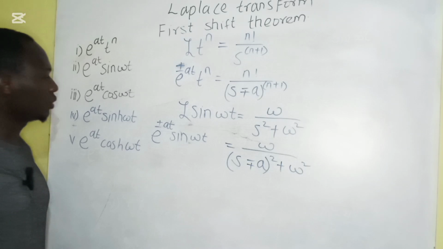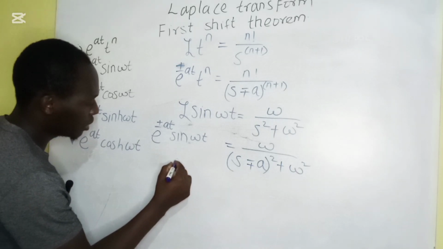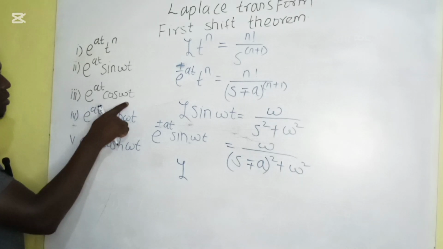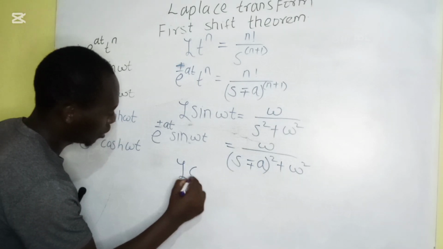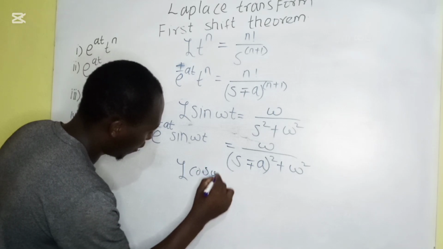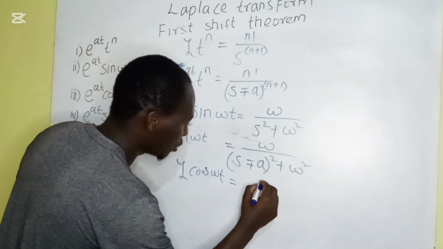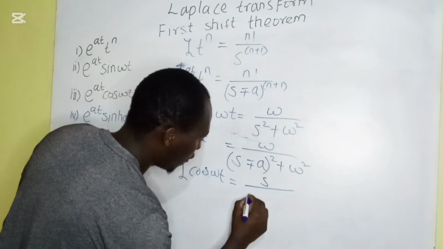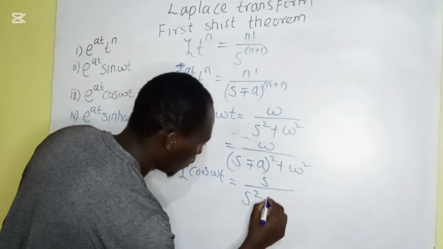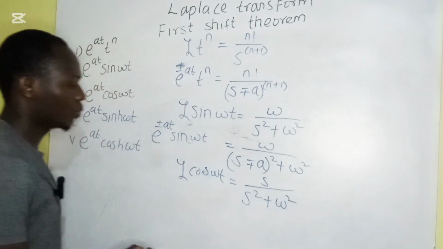Let us now get into the cos. The first thing that we said, we come and get the Laplace transform of cos of our angle t, which is equal to s all over s squared plus our angle squared.